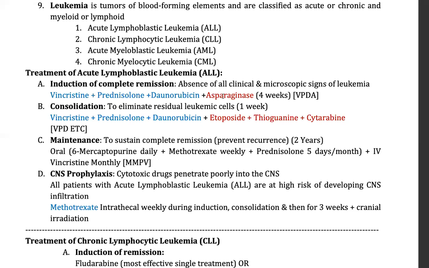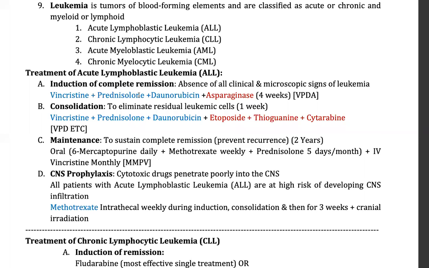How can you make the short form? VPDA, because it is easy to remember VPDA instead of vincristine, prednisolone, daunorubicin, and asparaginase. Four drugs should be given for the 4 weeks for the induction of complete remission.